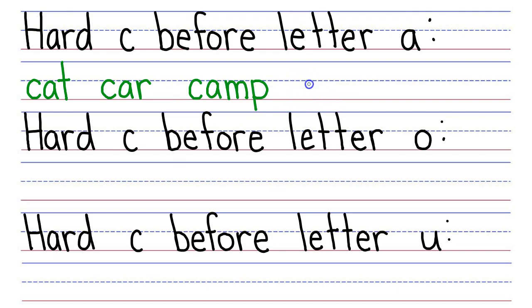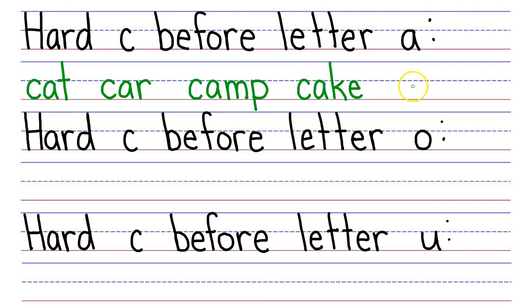Next word, cake. We've got the hard C k because it comes before an A. The A makes the long A sound because it's in a word with silent final E. Silent final E tells us the A makes the long A sound, and of course the K says k. K, a, k, cake.